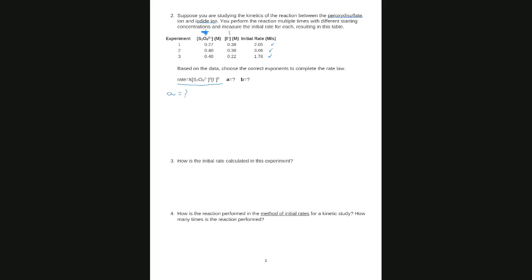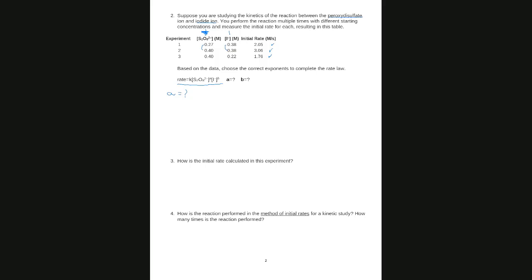So I need to find 2 experiments in which the concentration of peroxide disulfate is different. Let's say here is different, but the concentration of the other reactant is the same, because if it's not the same, it's not going to cancel. Does it make sense?